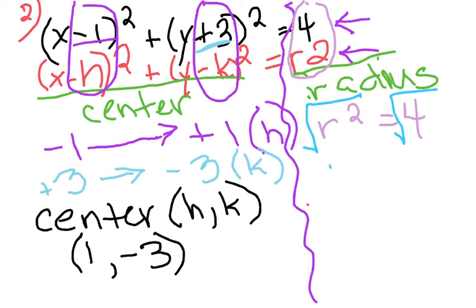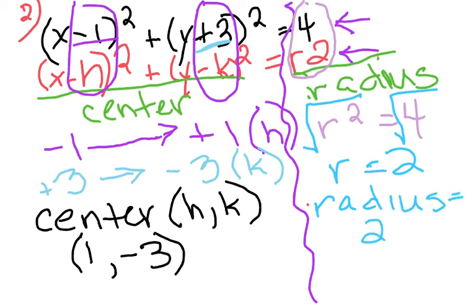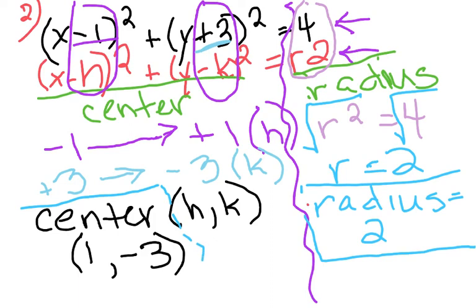The square root of r squared is just r, and the square root of 4 is 2. So the radius equals 2. And those are what we're going to use tomorrow to graph. So you're on your own for number 3. Ask for help if you need it.